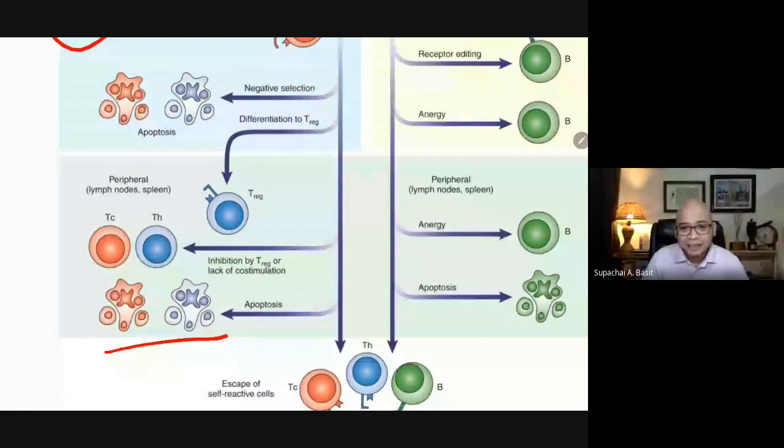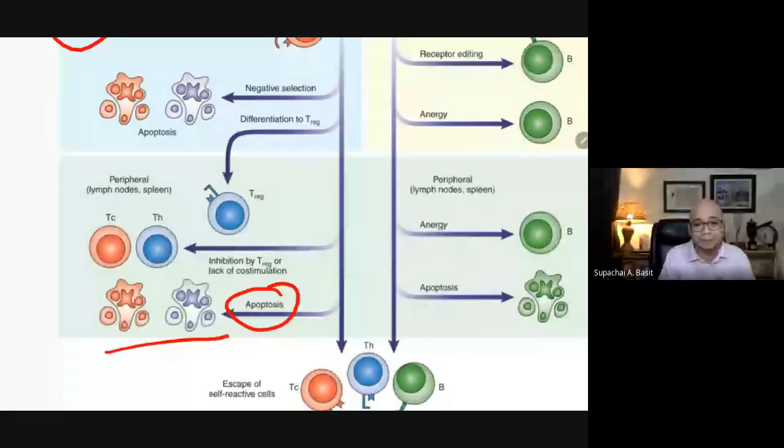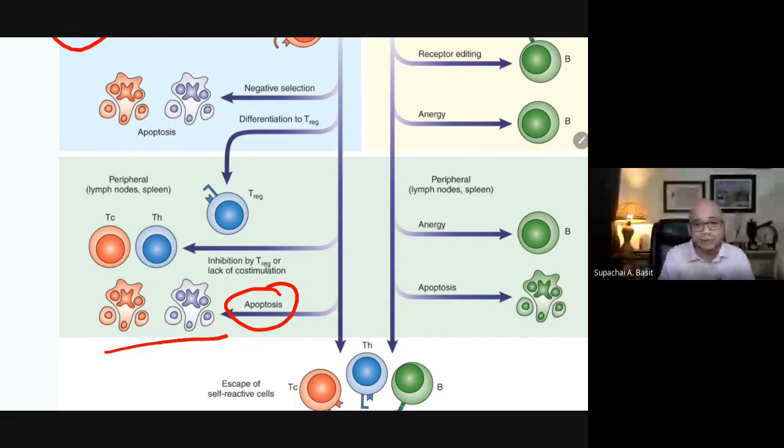Alternately, they can differentiate into T-reg cells. So, some of them can be deleted by means of apoptosis. When we say apoptosis, we are referring to programmed self-death. Now, alternately, some of them can be differentiated into T-reg cells.